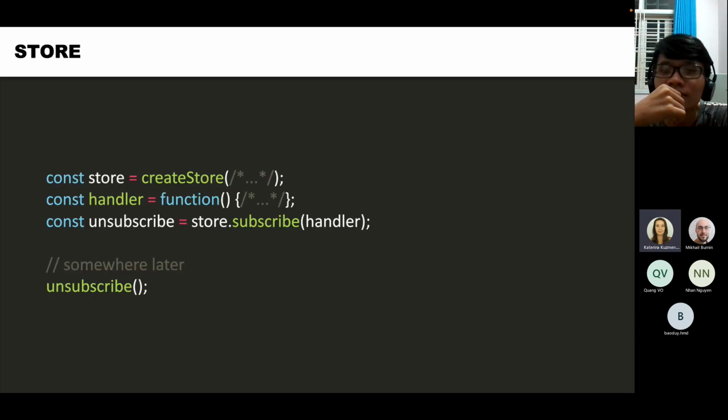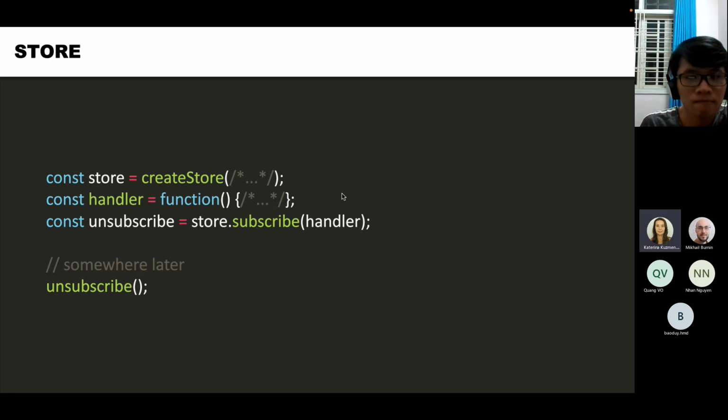So, like here, we see that we create our store. We have a handler here. We might subscribe in order to watch some events or changes in state which are happening in our application.